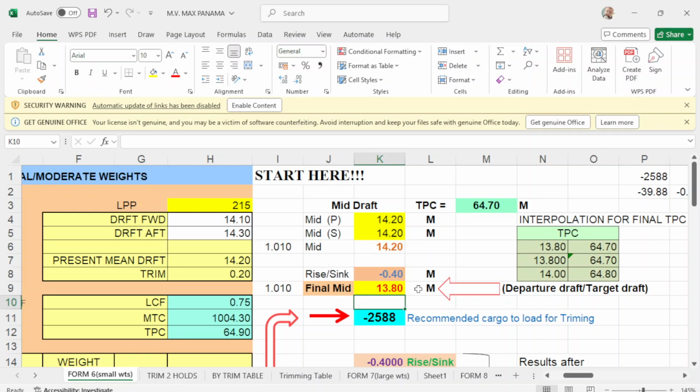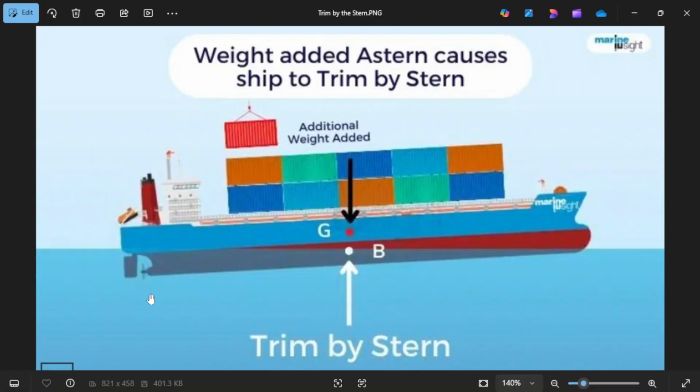So if this is your vessel, which is trimmed by the stern, and its midship, its mean draft is 14.20, so it has to go up. This will rise because you take out cargo here.